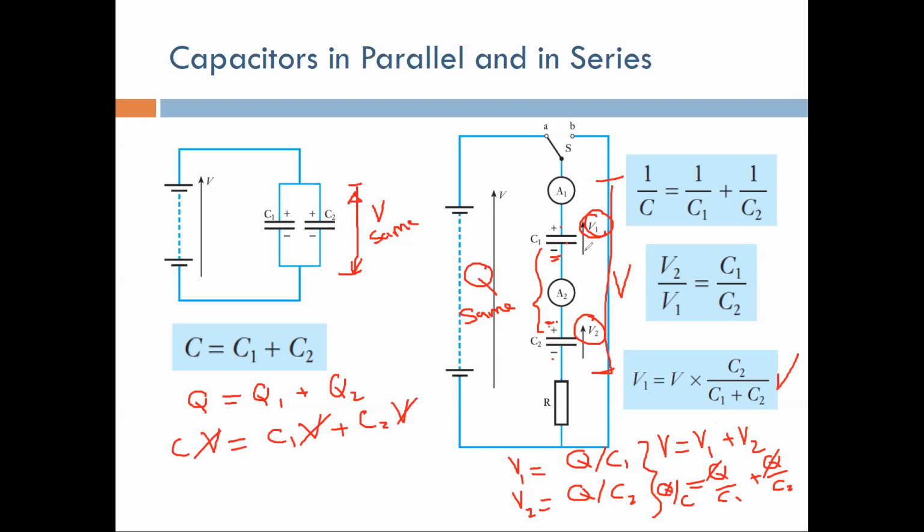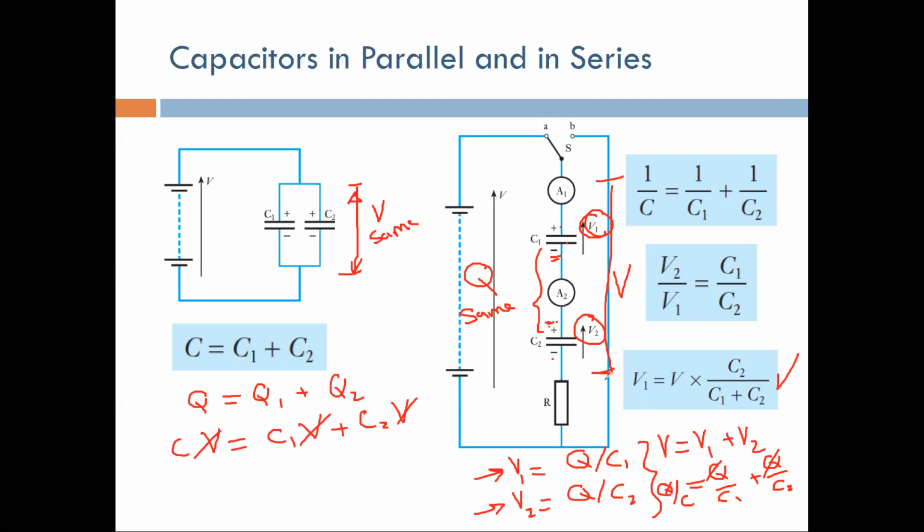The voltage difference across each of these capacitors is inversely proportional to the capacitance, because you can see it right there: V1 is inversely proportional to C1, and V2 is inversely proportional to C2. So V2 over V1 will be equal to C1 over C2.